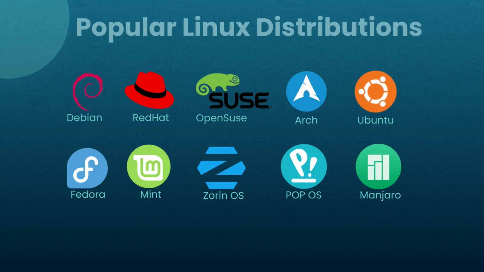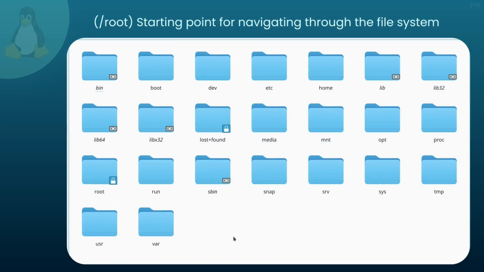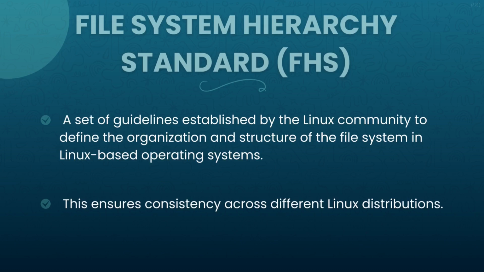The more you explore Linux and try different distributions, you'll notice that the directory structure is actually very similar, if not almost identical. That's because the Linux community has created a set of rules called the Filesystem Hierarchy Standard. It is actually a standard. It tells everyone how the file system in Linux should look, and how things should be organized.